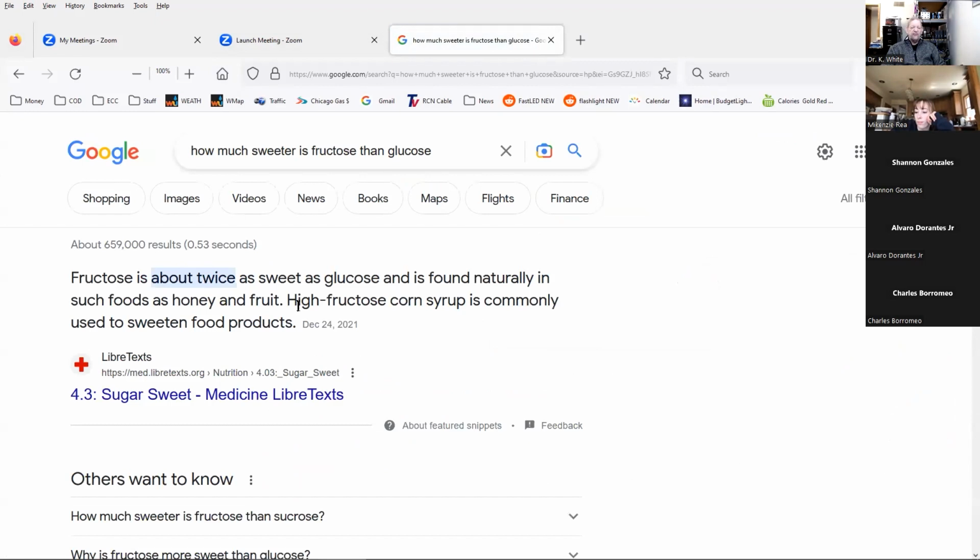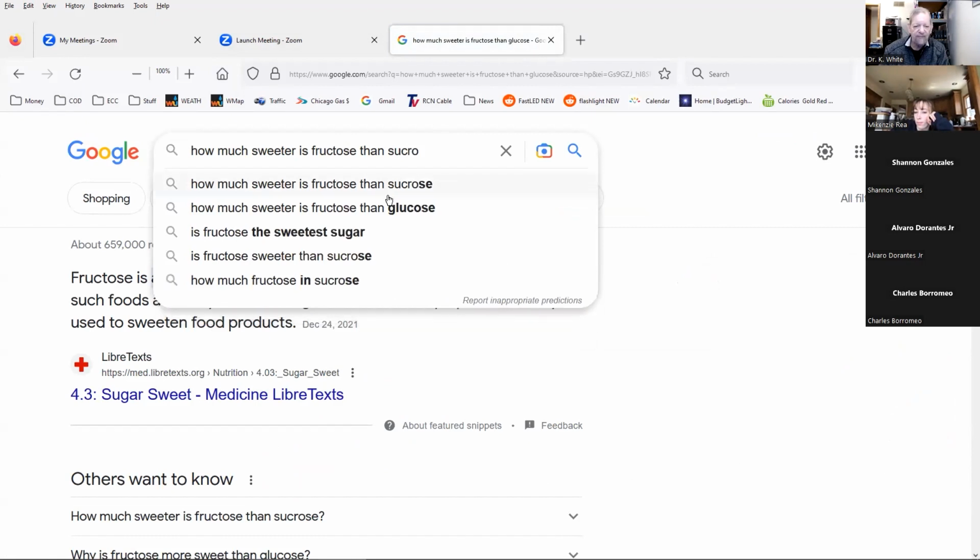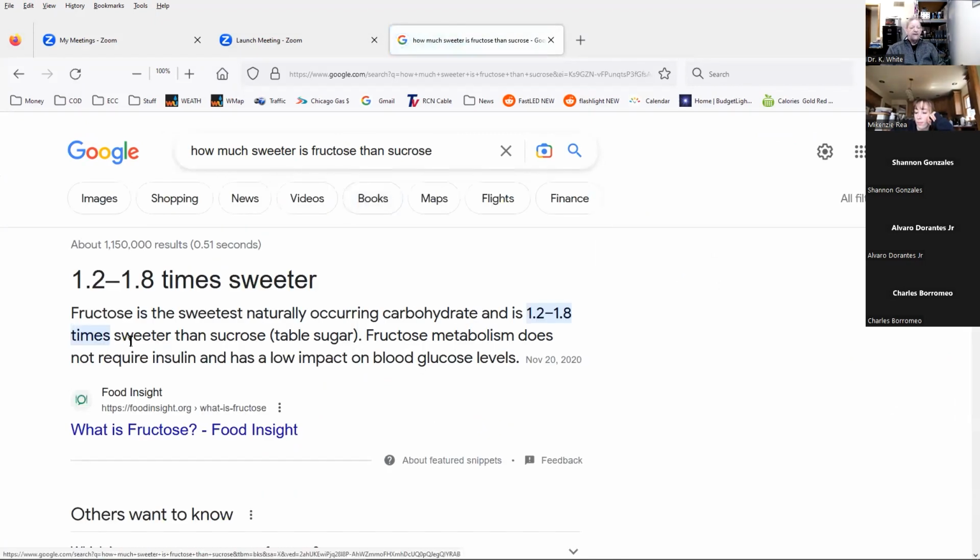And fructose is about twice as sweet as glucose. And let's do one more, which I'll talk about later on. And fructose is almost twice as much. They have a range here, but it's similar, twice as much.